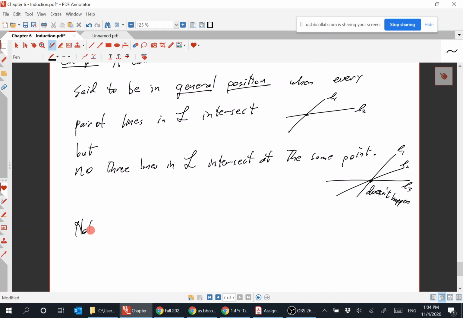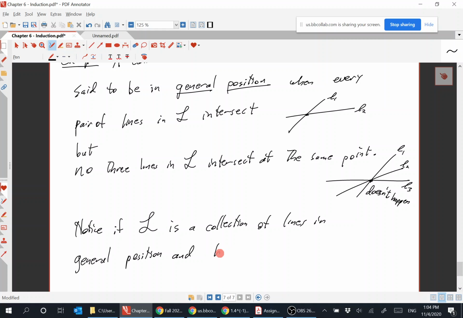Notice that if L is in general position, and H is in L, then L minus H, so I take that collection L and I take out H. Is it still in general position? Every line besides H intersects in a point, and no three lines aside from H intersect in the same point.